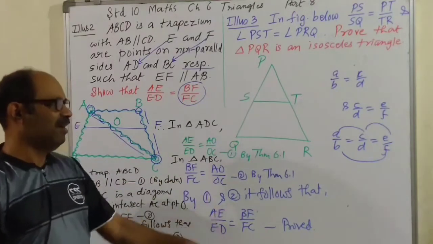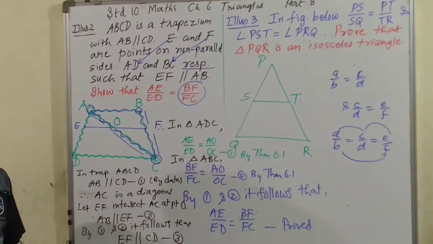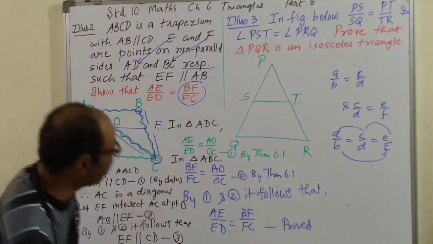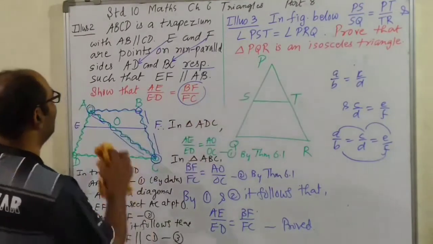Result 2 by 1 2. Proof. Finish. So this is the proof. Screenshot ले लेना या pause करके ये copy कर लेना. Is that clear? Understood, children? So I remove this part so that I have enough space to prove this. Okay.